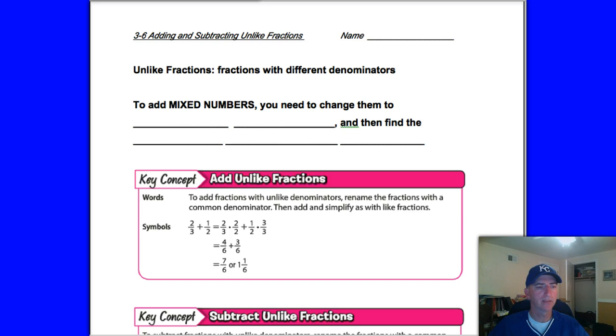We are talking about unlike fractions, and basically unlike fractions mean fractions with different denominators. We've been looking at that this week, but we've not yet looked at it with mixed numbers.